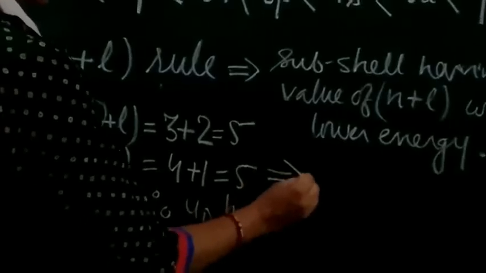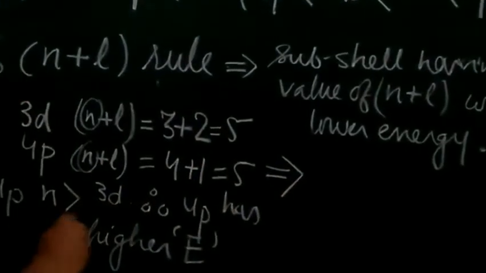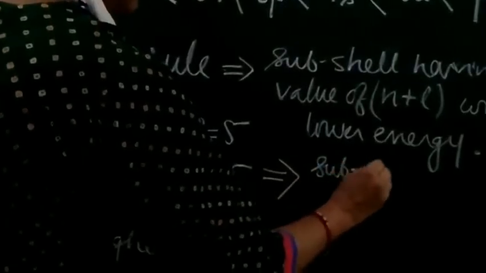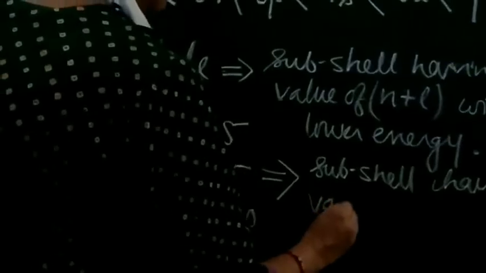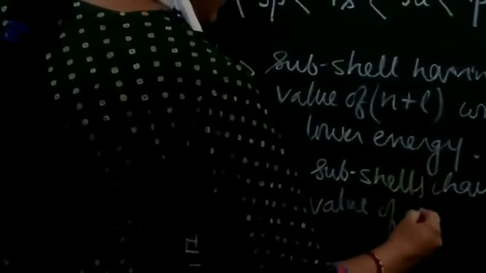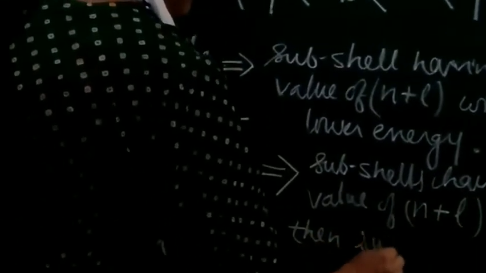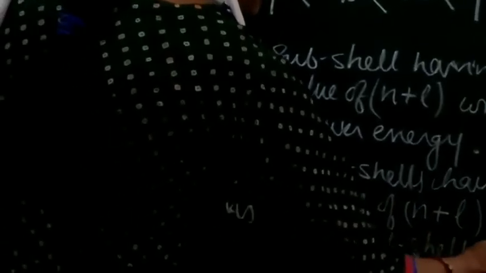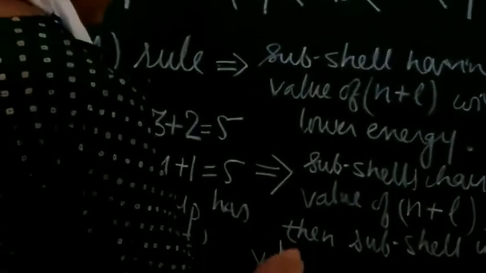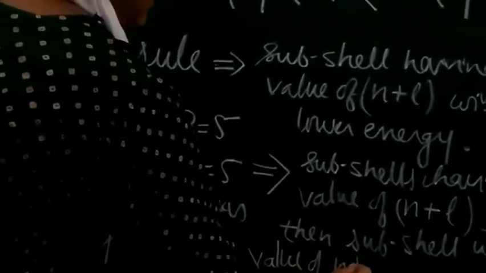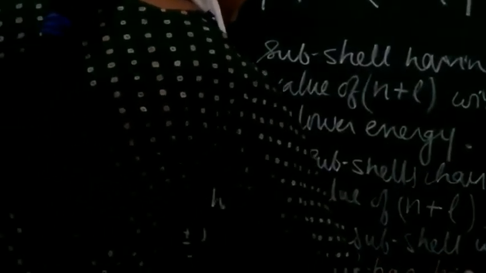So therefore the second part of the rule is: subshells having the same value of N plus L, then the subshell with higher value of N will have higher energy.